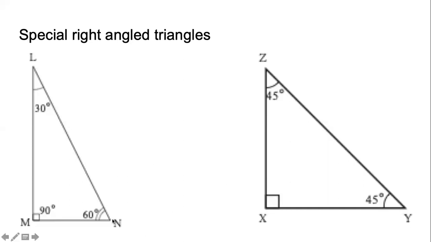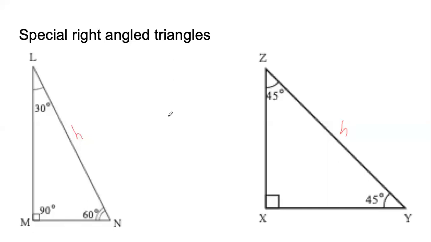In both cases, what we need to remember is, if we know the length of the hypotenuse of these triangles, we will be able to find the length of the other two sides.